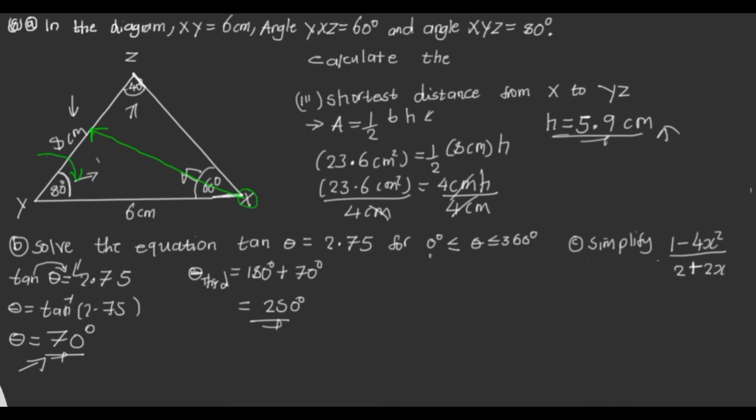So what we are going to do is factorize the numerator, and if you look at the numerator, we can make it a difference of two squares. So we are going to square 1, because we know that 1 times 1, we still get 1. Now 4 will be written as 2 squared, because 2 times 2, we still get 4, x squared, over 2 plus 2x.